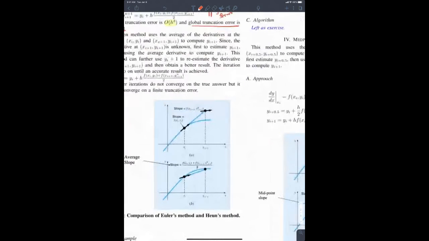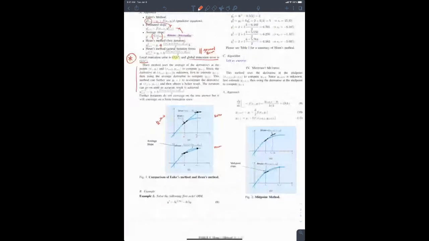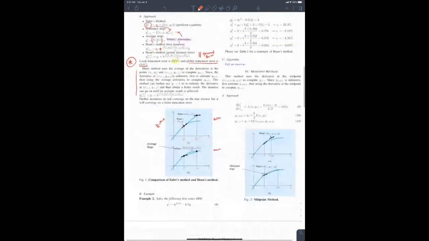So this picture is a very good comparison of Euler's method versus Heun's method. So what we are doing in Euler's method here, at this point, dy by dx is f(x, y). So if you know x i plus 1 is, as the equation suggests, h times f(x, y).